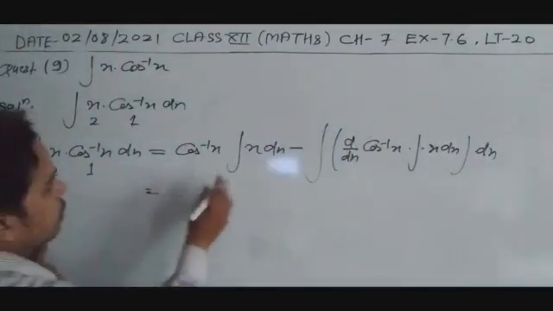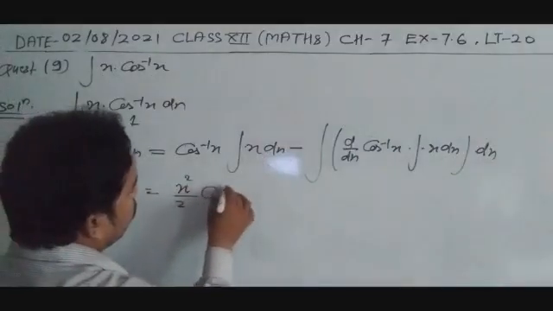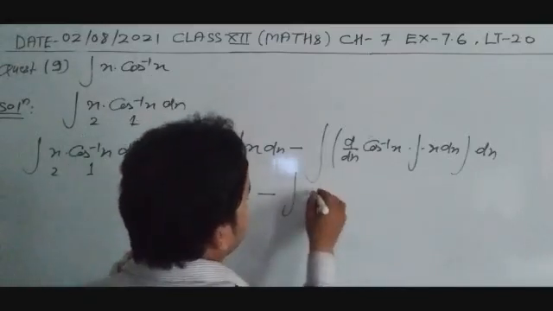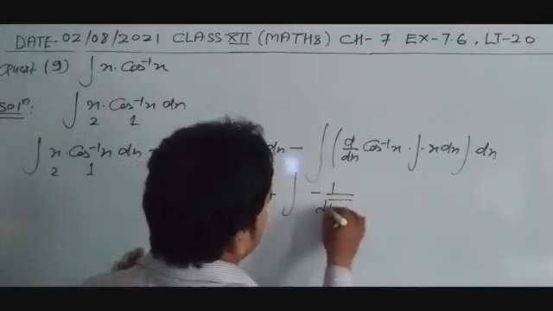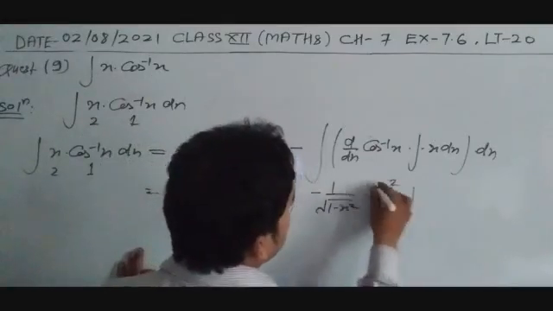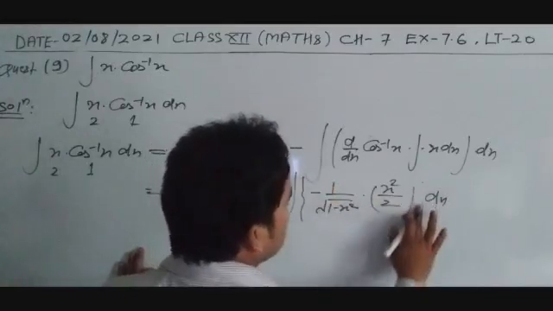Now its result, you know, the integration of x dx is x square by 2, so cos inverse x times x square by 2, minus integration of the differentiation of cos inverse x, with negative sign, 1 upon root over 1 minus x square, times x square by 2, whole dx, in curly bracket.